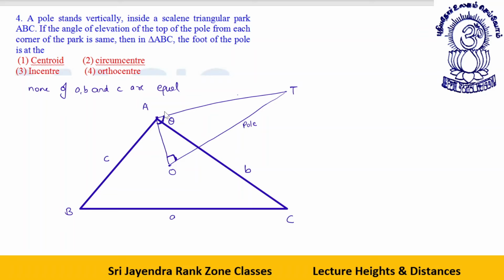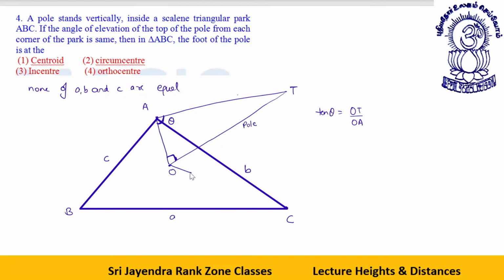First of all, here tan theta, it is being told that everywhere the angle is equal. Tan theta is equal to OT by OA. Clear? Perpendicular upon base. In this triangle also, let me talk about this triangle. Here, what will be the angle?